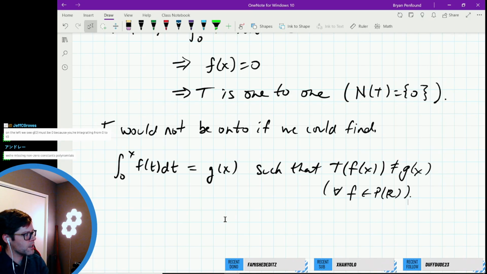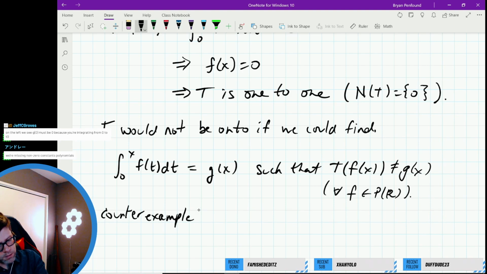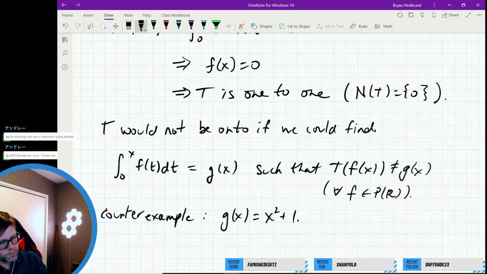We're missing non-zero constant polynomials. Okay, so let's take that as an example. So you're saying the counterexample, and I'll see if I can weave my way through this. The counterexample is just not obvious to me right away. So the counterexample is g of x is equal to x squared plus 1. Okay, we'll try that.